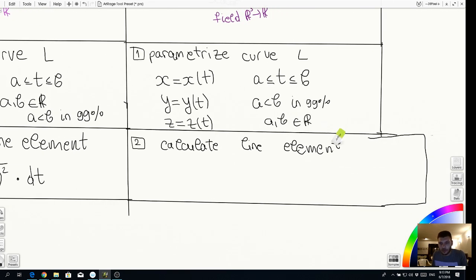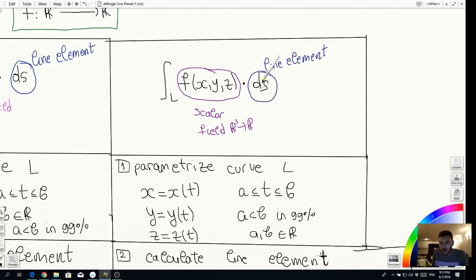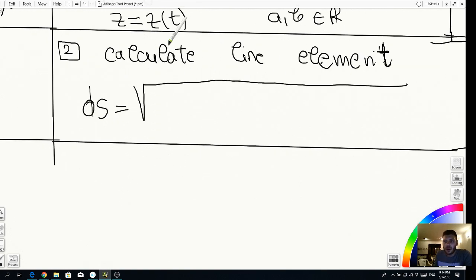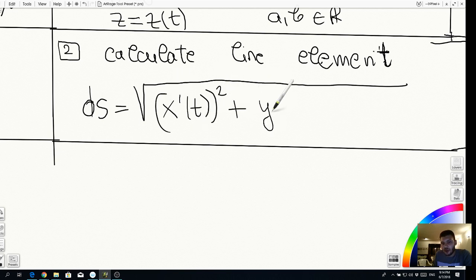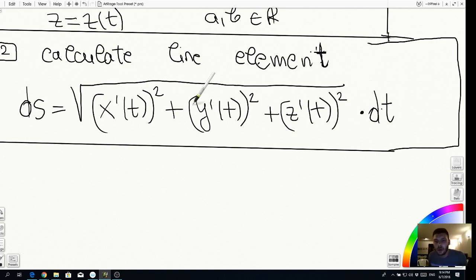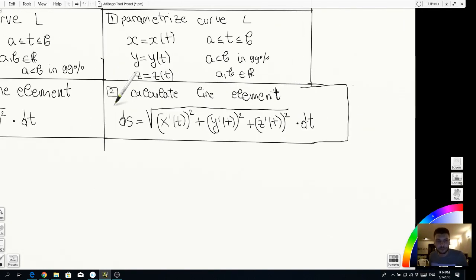Okay, this is our line element, and it's equal to square root of derivative of x squared plus derivative of y squared plus derivative of z squared times dt. Dt is also outside this square root.